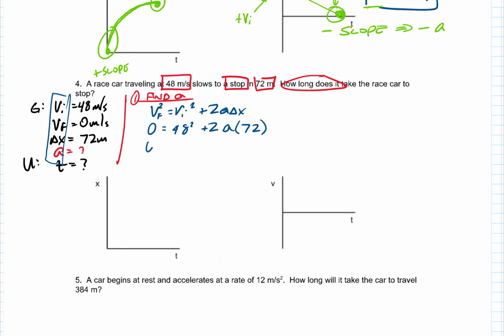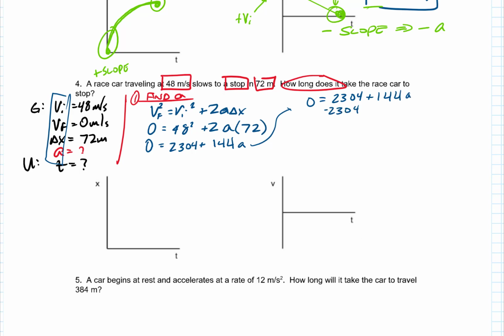Multiplying all that out, I get 0 is equal to 48 squared, which is 2304, plus 2 times 72, 144a. So 0 is equal to 2304 plus 144 times the acceleration.